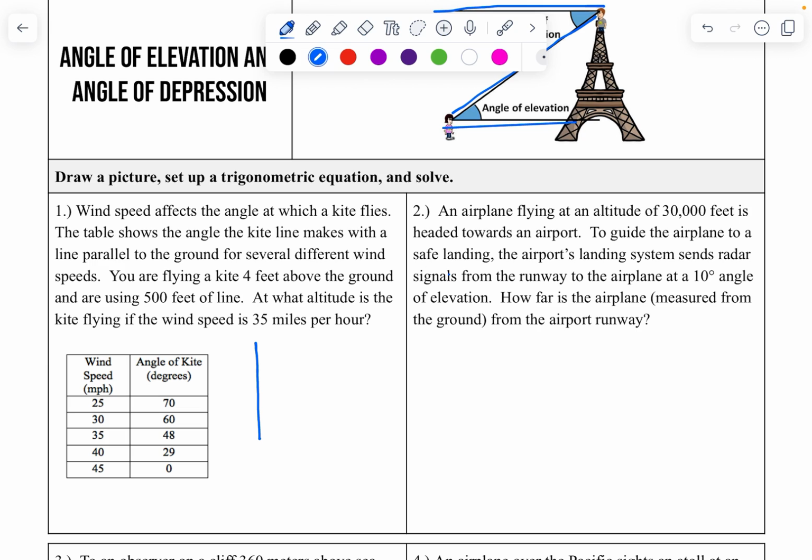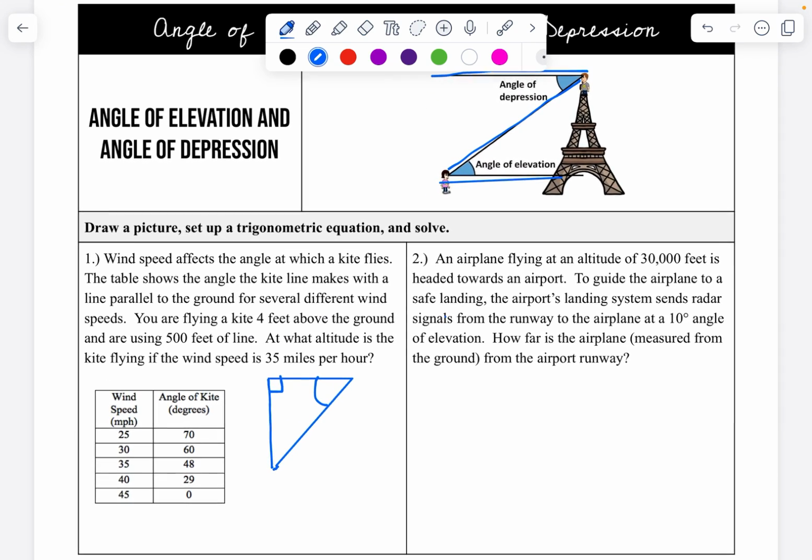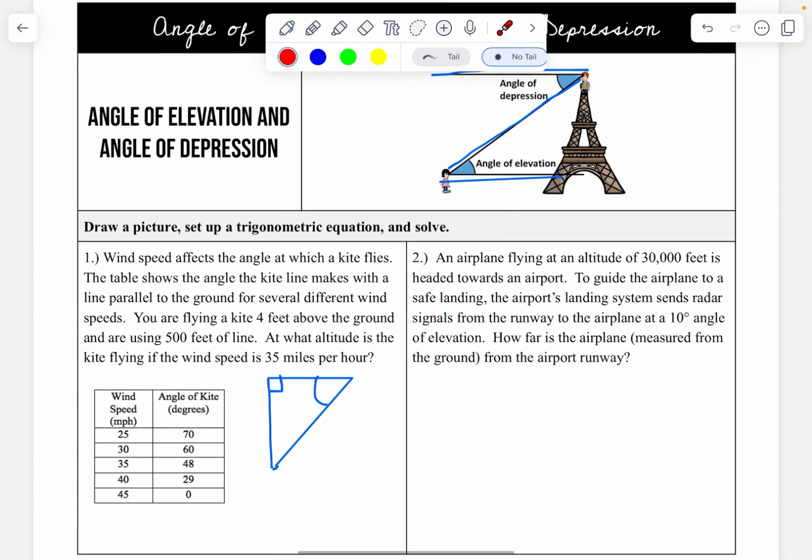So here's my little right triangle. Here's my angle of depression, because they said the kite makes an angle with a line parallel to the ground.